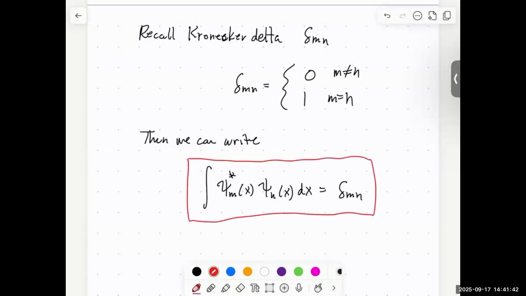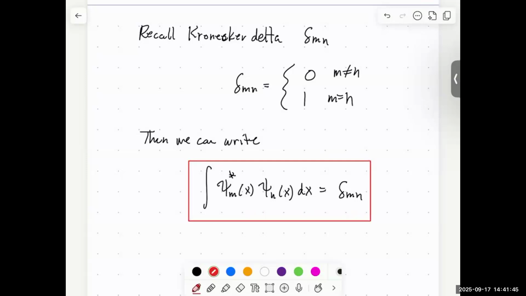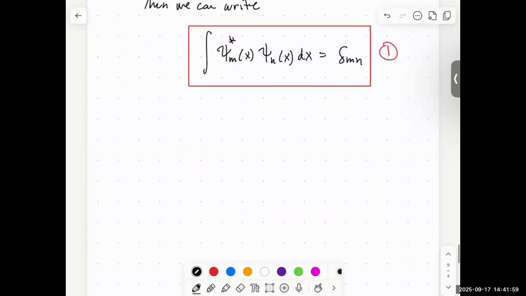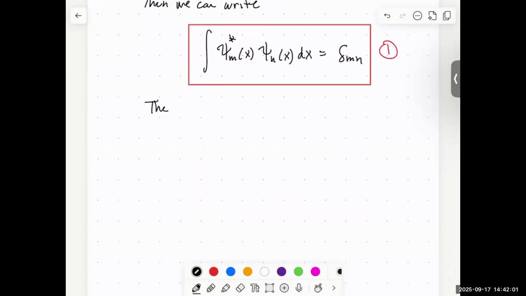Although we've demonstrated this for a specific case of the infinite square well, this turns out to always be true, and we're going to do a general proof in the next chapter. Okay, and so what we would say is the psis are orthonormal.